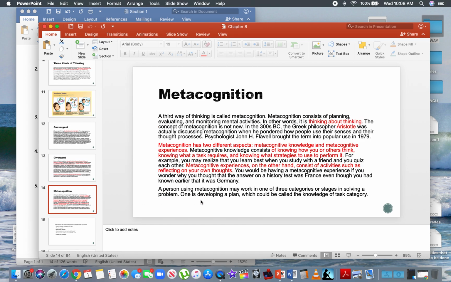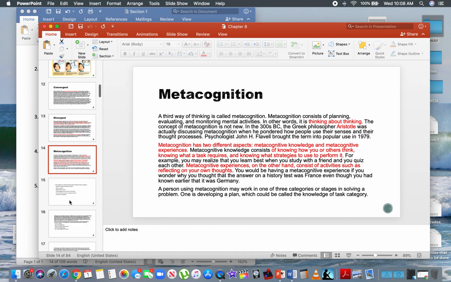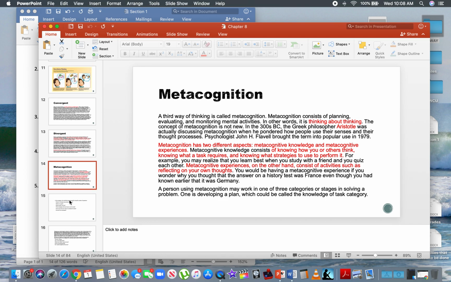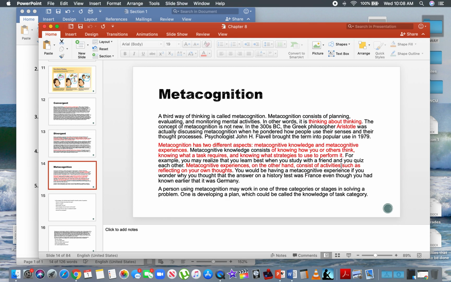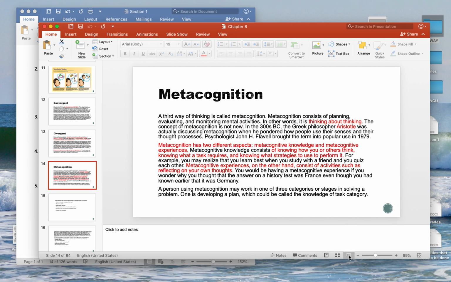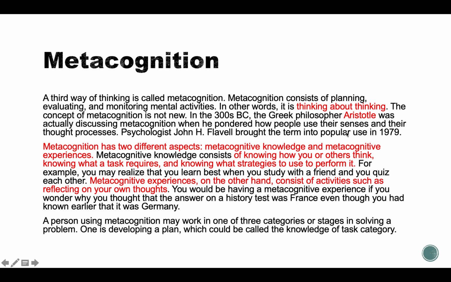All right. And for our last thought here, metacognition. This consists of planning, evaluating, and monitoring mental activities. In other words, it's thinking about thinking. This is a very deep thought of thinking.